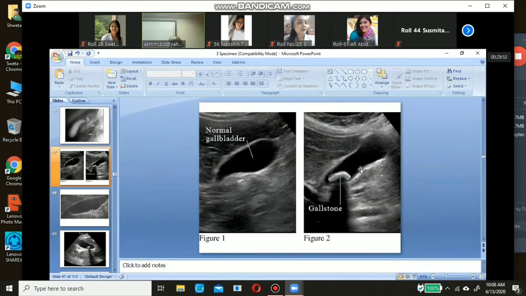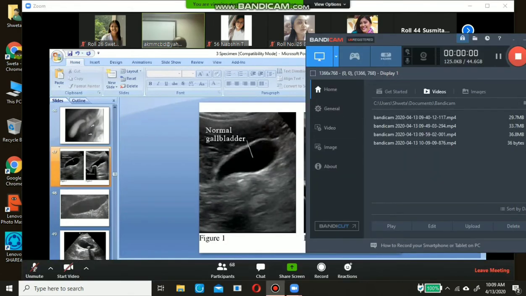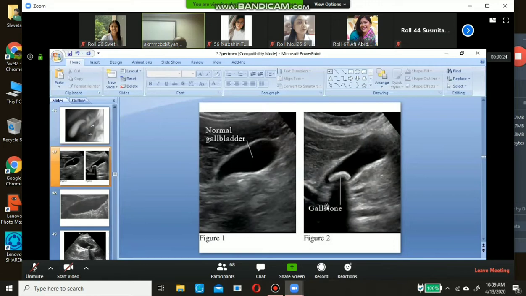But look at this picture, this image. This is the gallbladder, all right, and it is black, homogeneous. But what is this shadow? There is a shadow within the gallbladder. Look at the shadow.